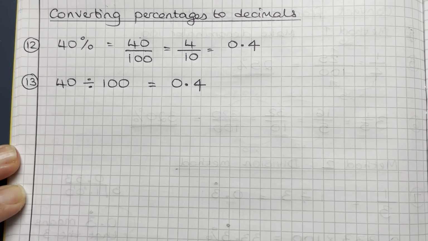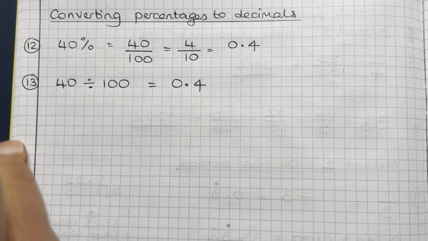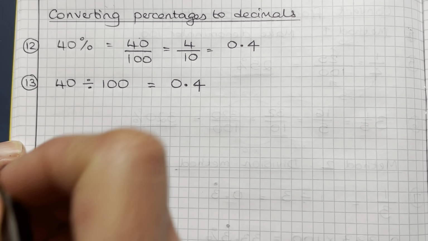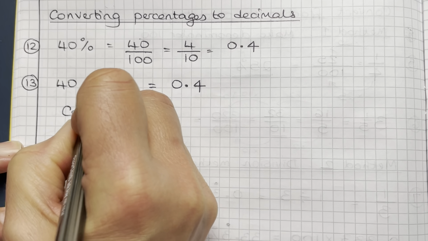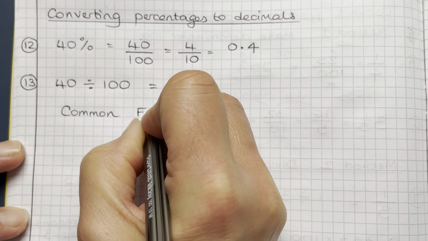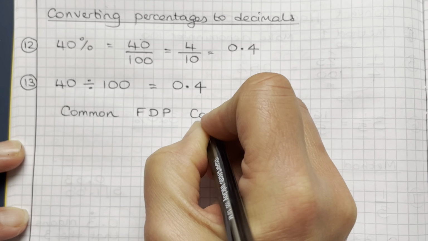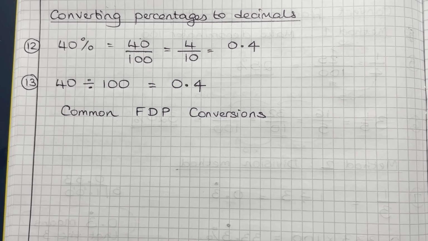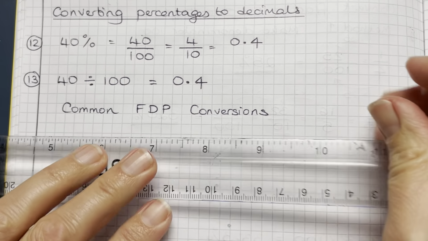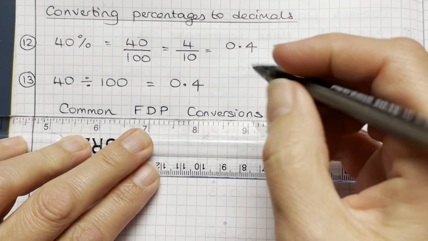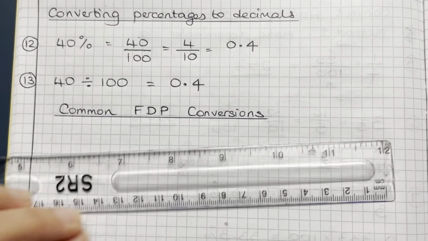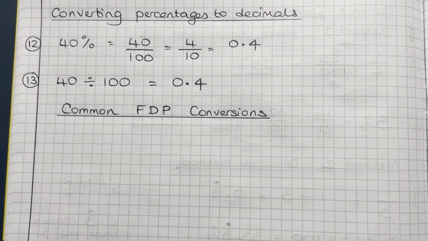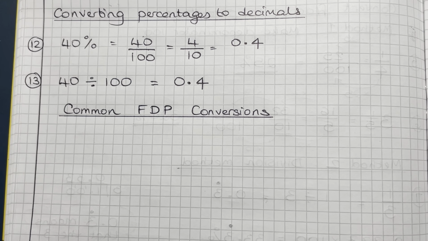The last thing I want to do in this video is just mention a few common FDP, fraction, decimal and percentage conversions. And I would say the more of these that you can memorize, the easier you're going to make your life, because it means for a number of questions, you'll just know what the conversion is. You don't have to calculate it each time.